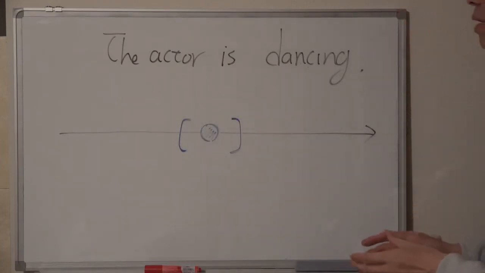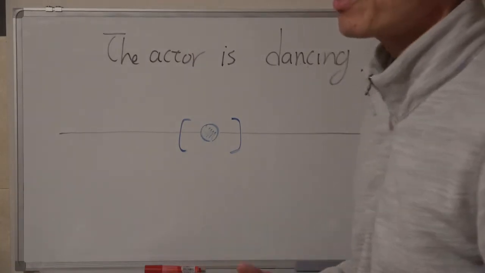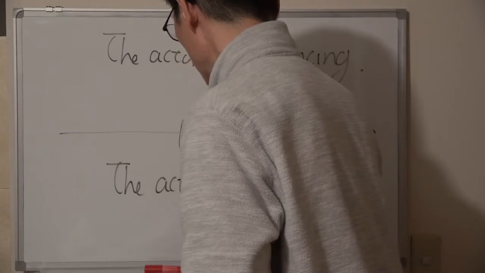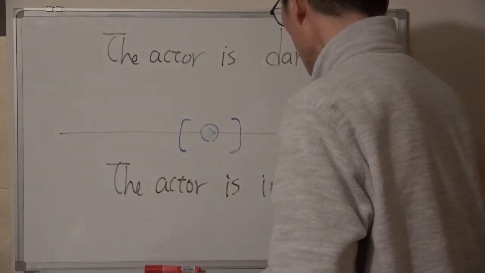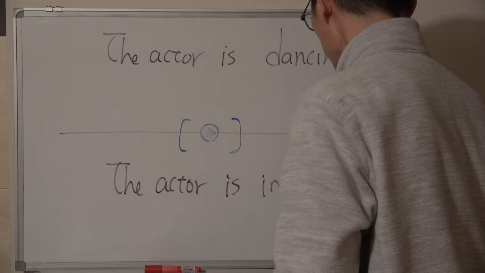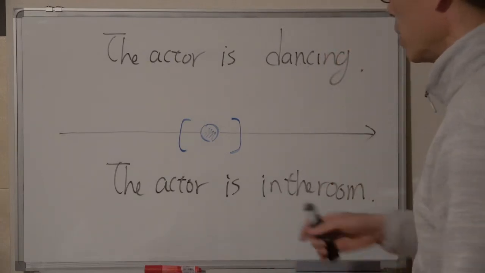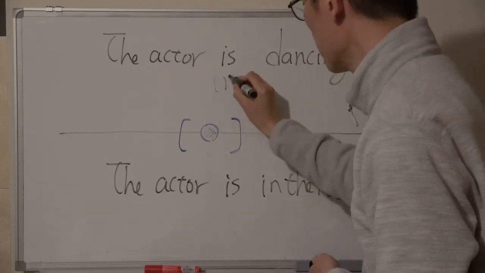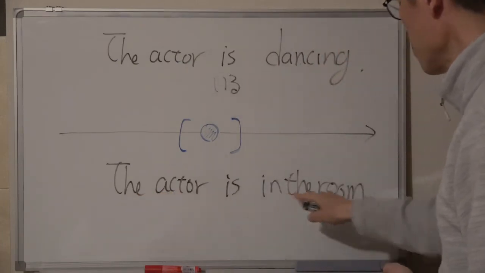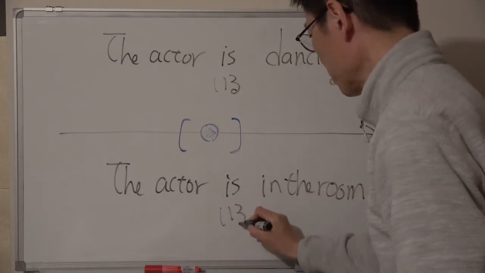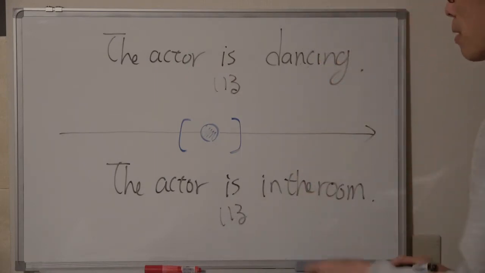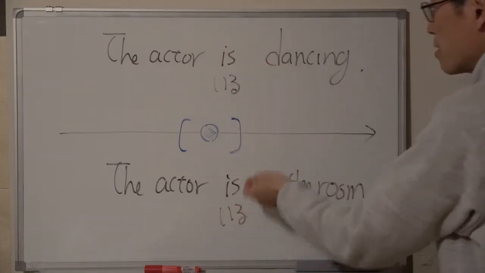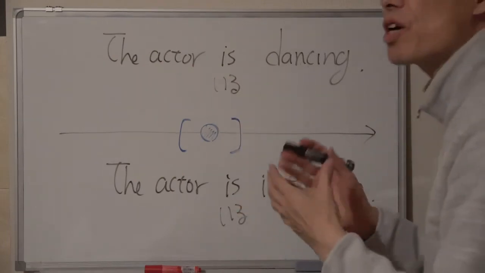So it's very similar to saying the actor is in the room. その役者はダンスという行為の中にいる。その役者はその部屋の中にいる。So, the is here and the is here, they both mean exists.